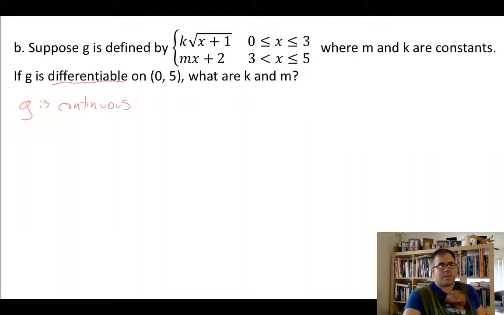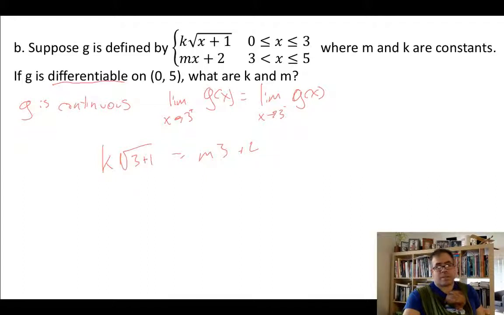So we know that the limit as x goes to 3 from the positive side of g of x is equal to the limit as x goes to 3 from the negative side of g of x, which means that k times the square root of 3 plus 1 has to be equal to m times 3 plus 2.